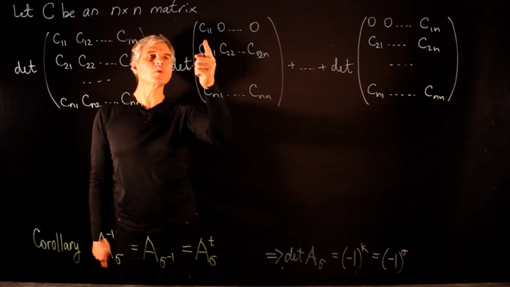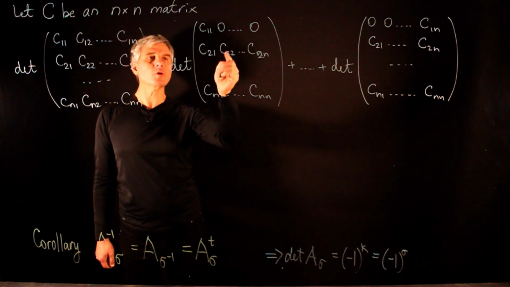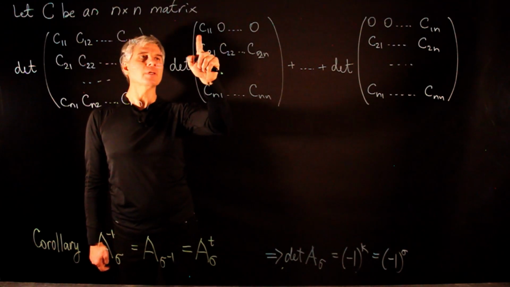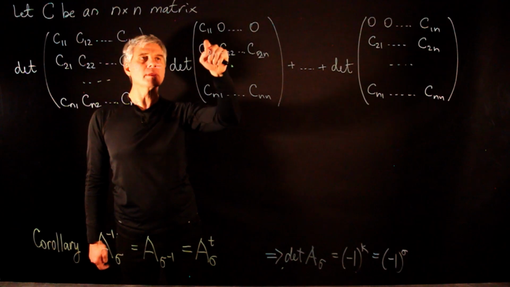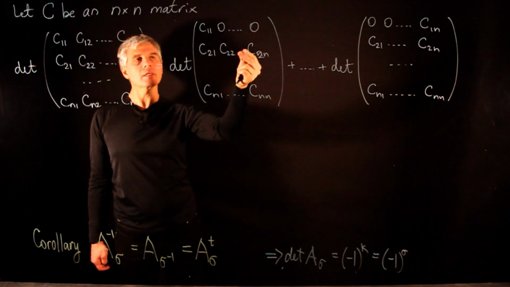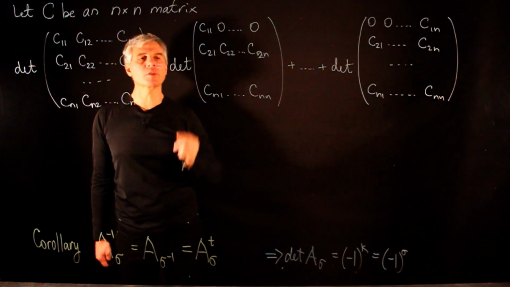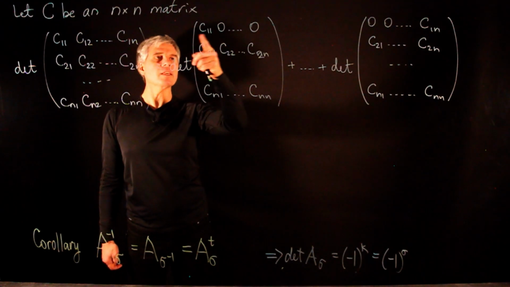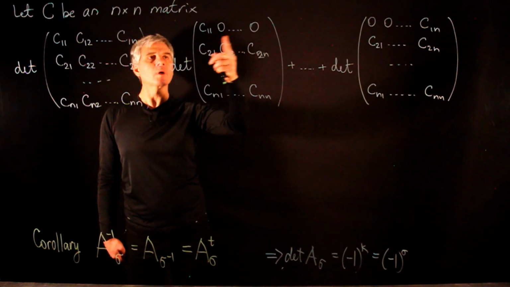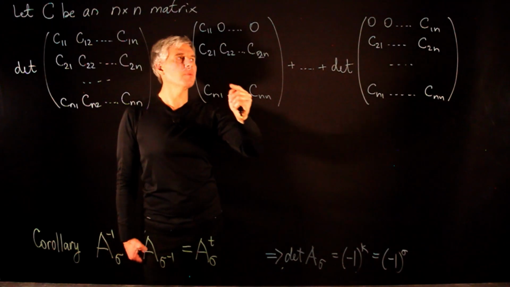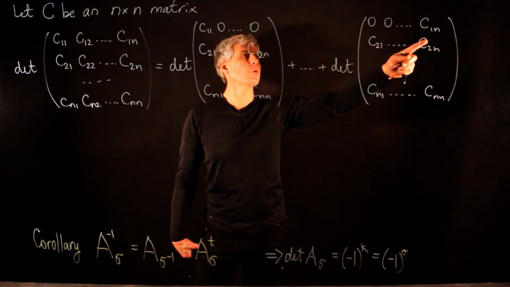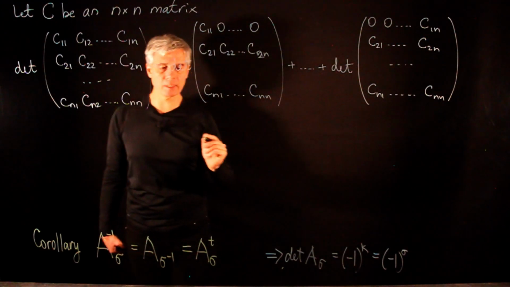Next, we're going to use another property of the determinant, which says that if a certain row has a common constant multiple, then this constant multiple can be pulled out of this row. Here the first row has C11 as a constant multiple, and here the first row has C1n as a constant multiple.